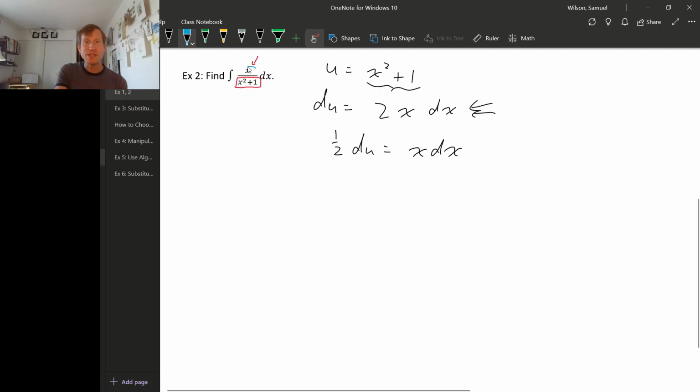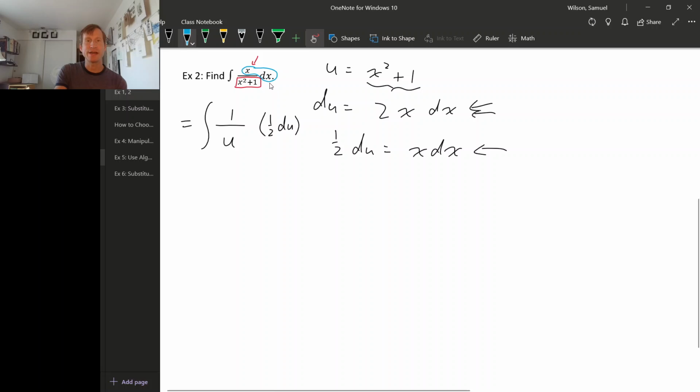And now we can group together x and dx. This equation tells us that x times dx together make 1/2 du. And then the remaining piece is 1 over x squared plus 1, but x squared plus 1 is u.